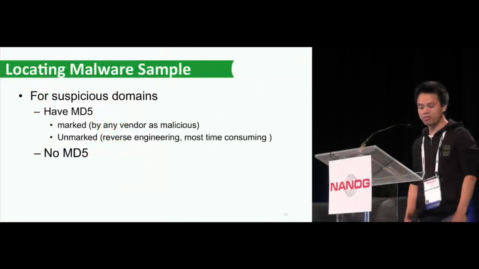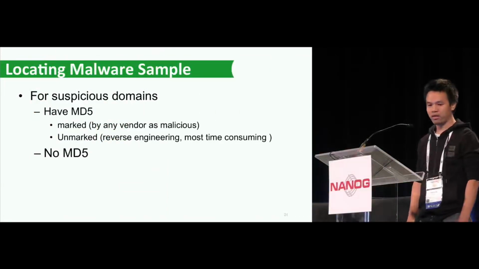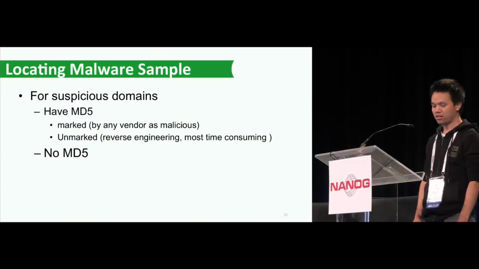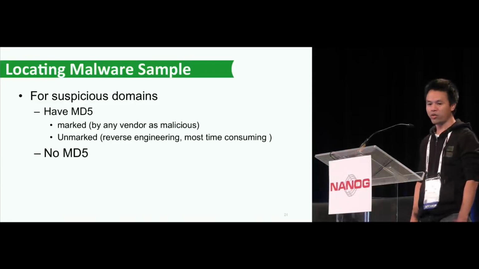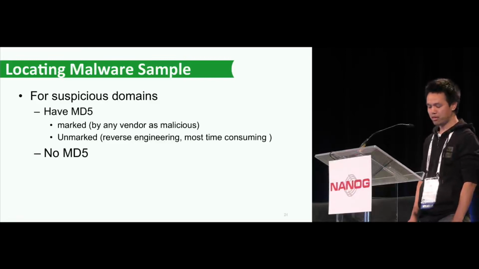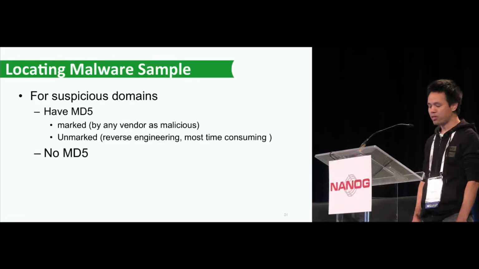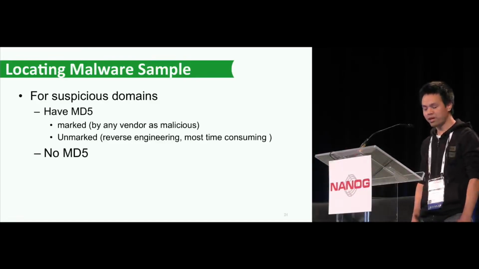For every suspicious domain, there are three pairing possibilities. First, the domain has a malware match and is already marked by someone as malicious. Second, the domain has a malware match, but nobody has marked it.